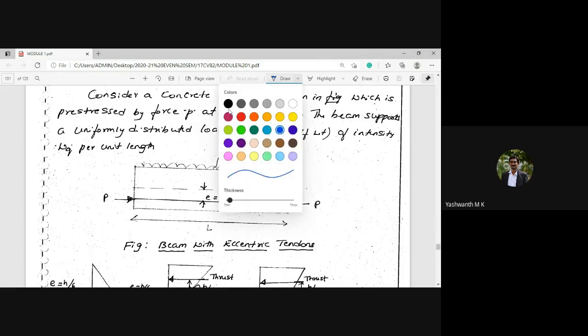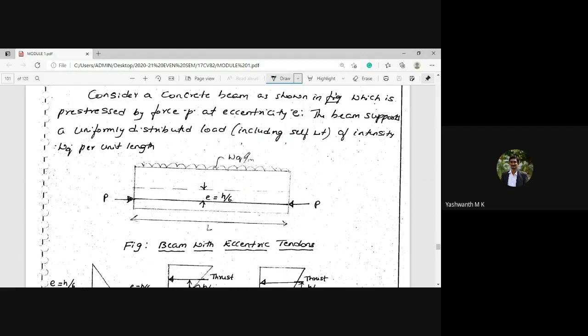which includes the self-weight. That means whatever load is acting on the beam, WD plus WL, both are acting as a UDL in kilonewton per meter.